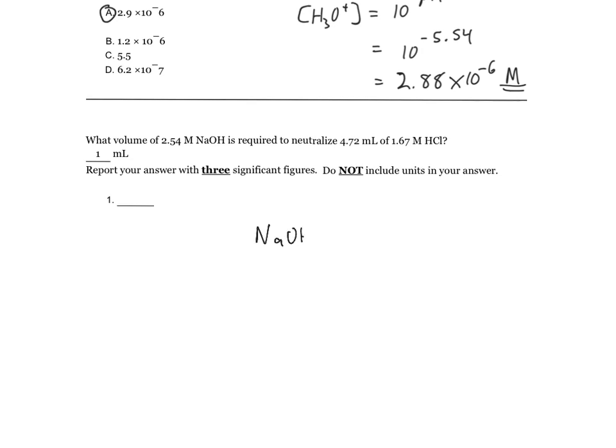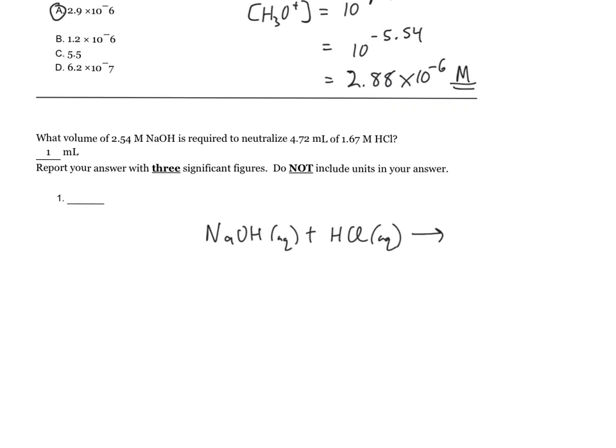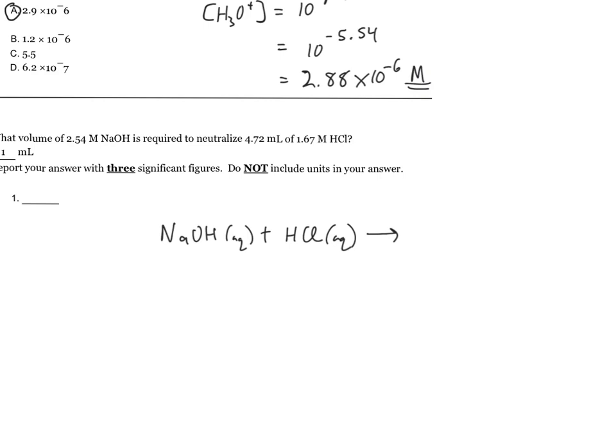So we've got sodium hydroxide reacting with hydrochloric acid. The products for any acid-base reaction are water and a salt.